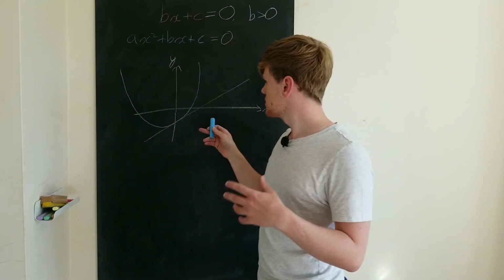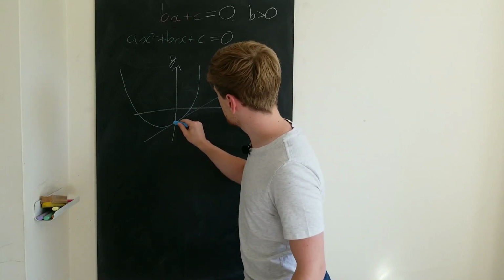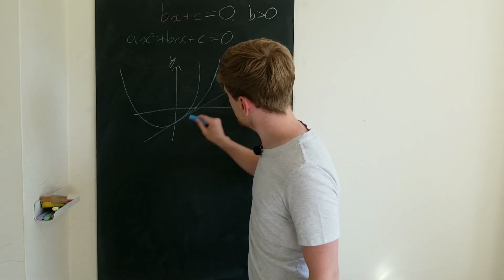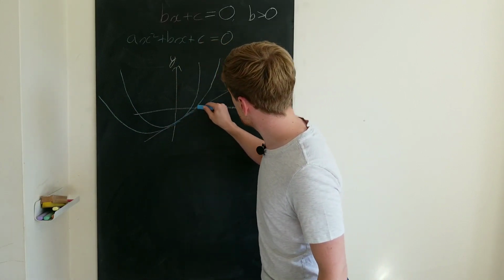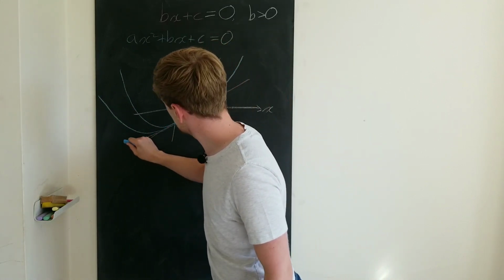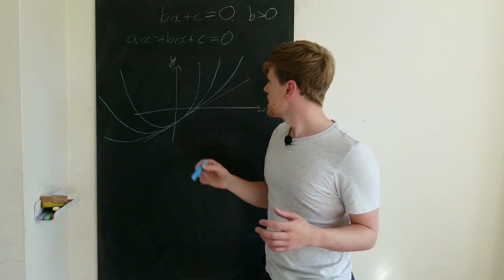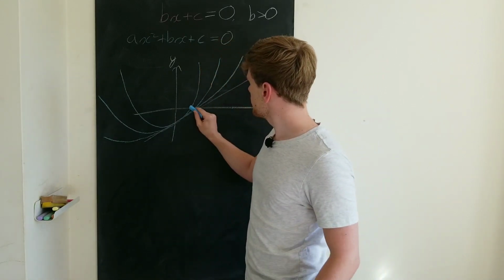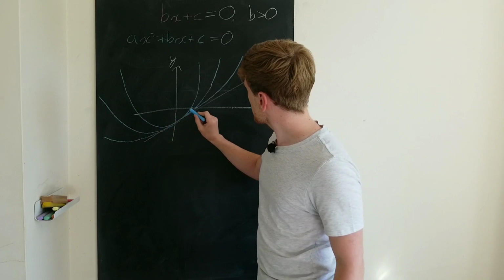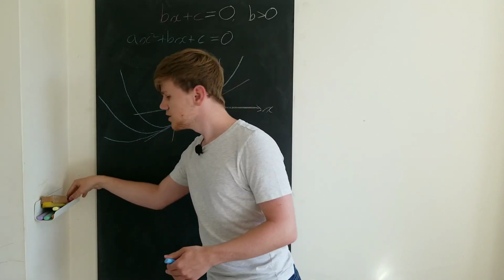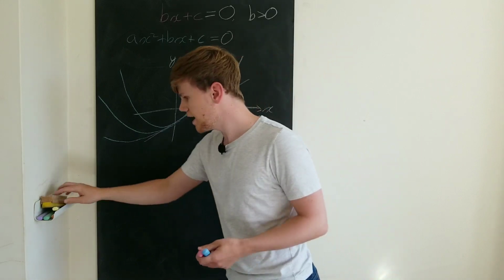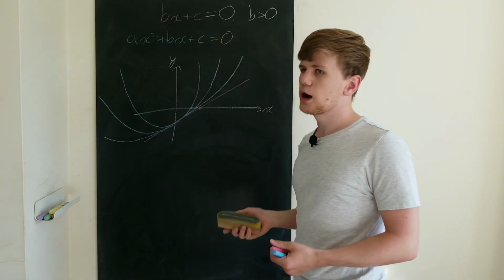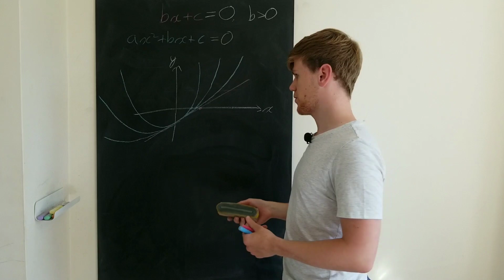And if we consider the same graph but for a smaller value of a, we would get this. And if we considered an even smaller value of a, it would look something like this. And as a approaches 0, one of the roots of the blue graph will get closer and closer to the root of the red graph. And so that is how we will be finding the solution to this linear equation.